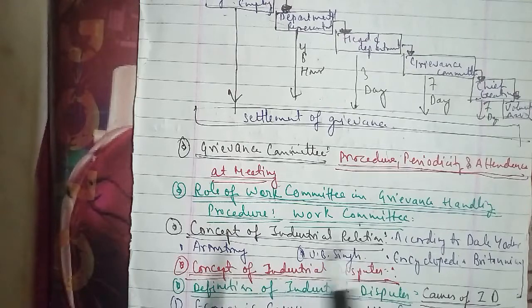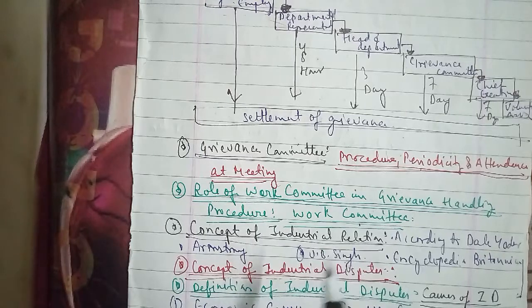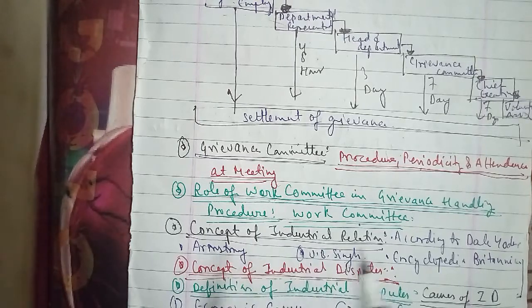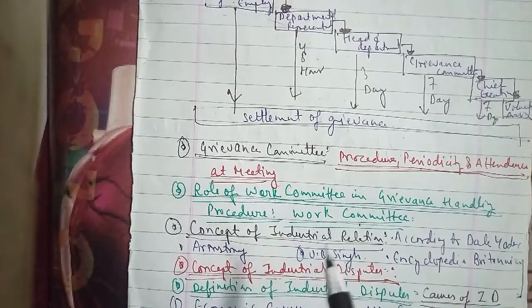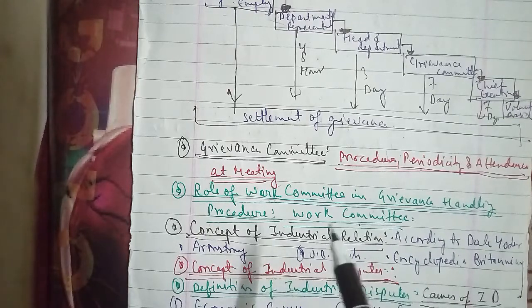Industrial disputes are symptoms of industrial unrest, in the same way as symptoms of a disordered body. Whenever an industrial dispute occurs, both management and workers try to pressurize each other; management may resort to lockout, and workers may resort to strike, gherao, picketing, etc.